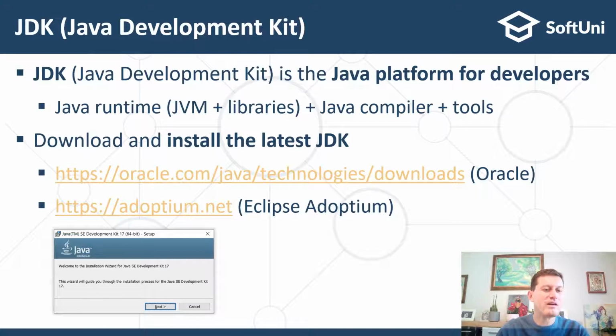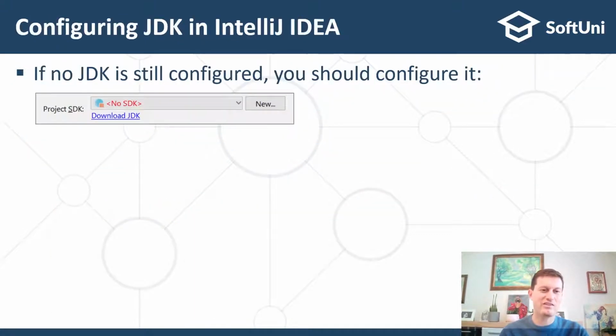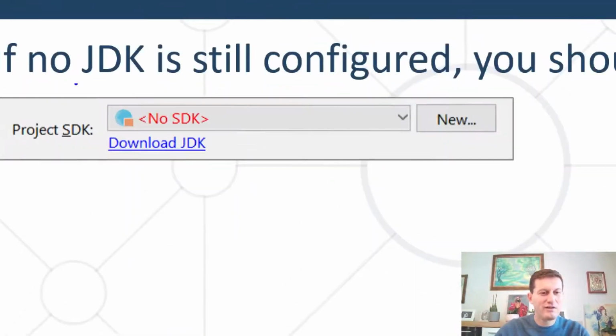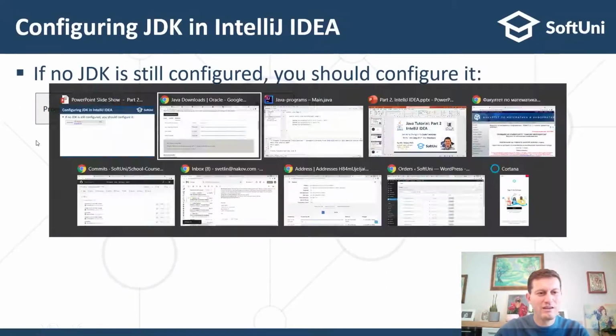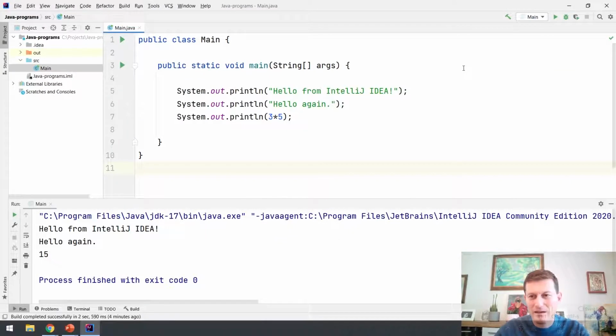This is how the official installer in Windows for Java 17 from Oracle looks like. You just click next, next, next, it's installed. Once IntelliJ IDEA is started, if you don't have a configured JDK, you will need to configure one.